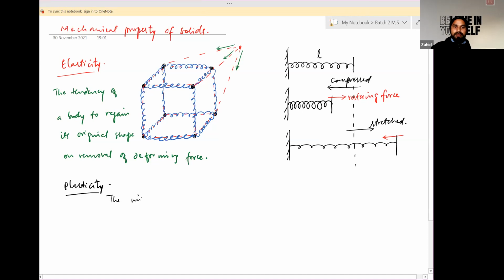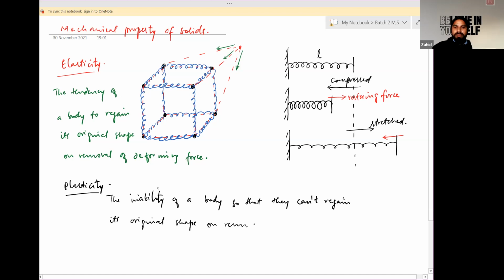So you'll say plasticity is the inability of a body so that it can't regain its original state or shape on removal of deforming force. Asma, is it clear? Yes, sir.